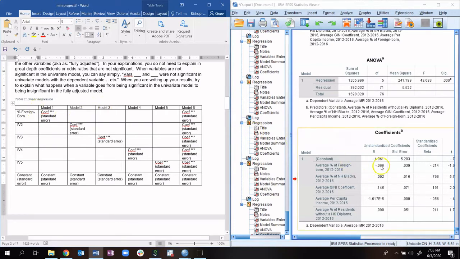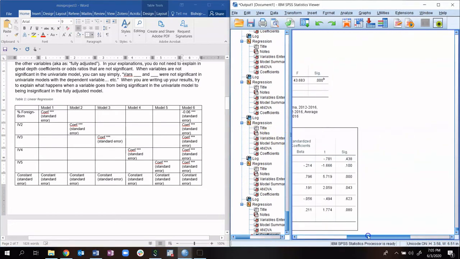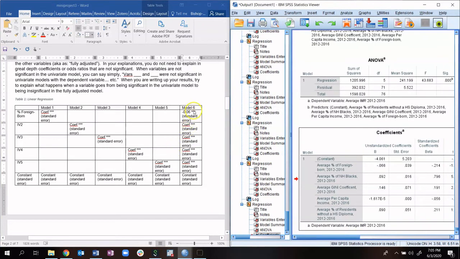Okay, the coefficient was negative 0.06, and it was not significant, so we're not going to have the stars here. The standard error for that coefficient was 0.039.